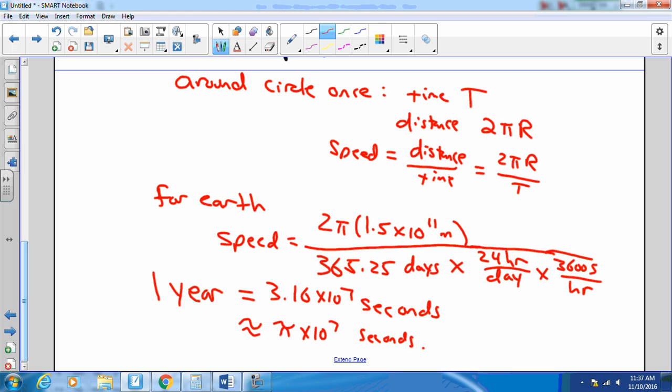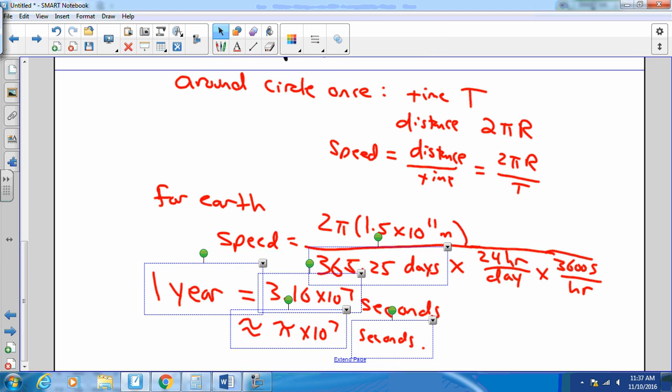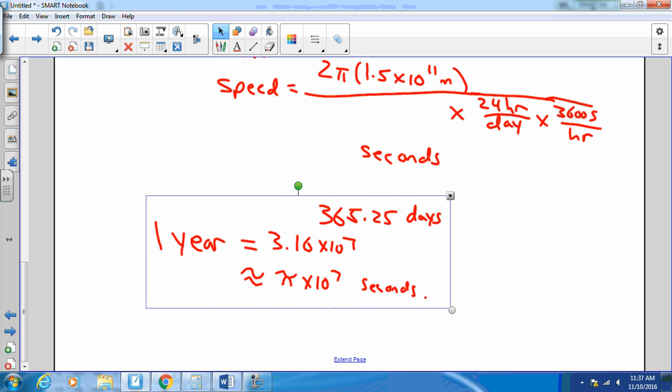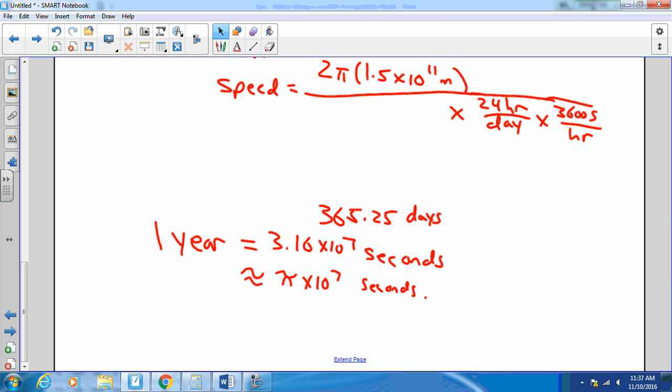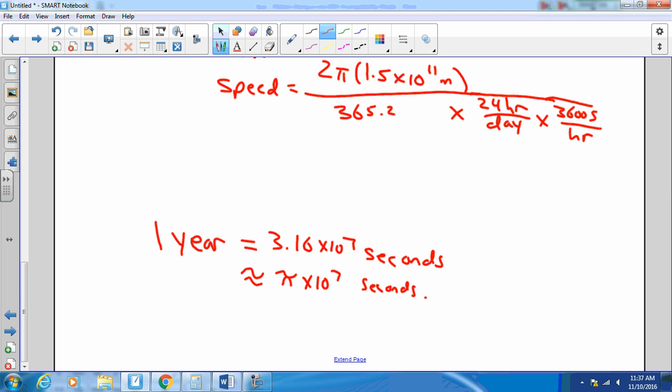Okay, so that finally gives us our speed, and when we compute that speed, what do we get?